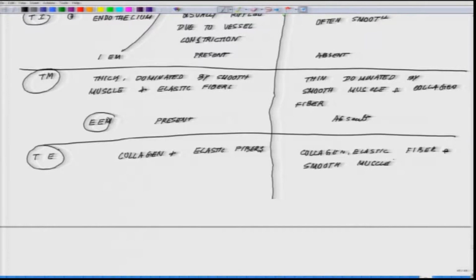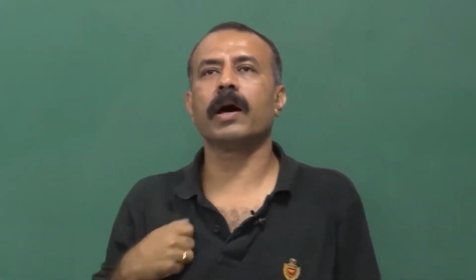Now, having said this, we'll try to build up how the vessels work. So we have seen that the vessels start from the heart through the aorta, to the superior and the inferior side of the body, and then reach the different sites, different organs, different systems where they pass on the oxygen and pick up the carbon dioxide.